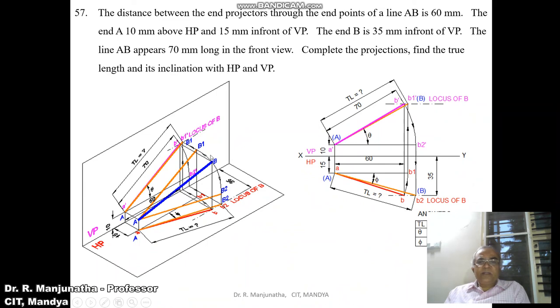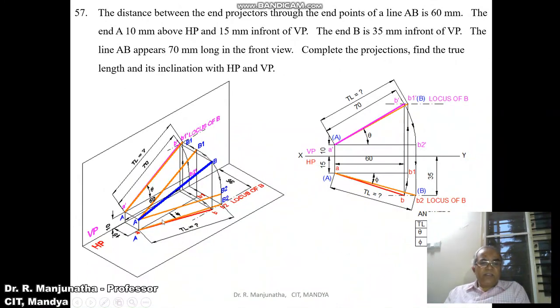Now when you want to find the true length in the vertical plane, that means you have to make the line parallel to VP. With A as center, taking the radius of AB, you rotate it and make it parallel to VP. Once you make it parallel to VP, you are getting the true length in VP, which is A dash B1 dash. So when you are rotating like this and you look from the top view, we can see that B is rotated to B1, such that AB1 is in front of VP by 15 mm.